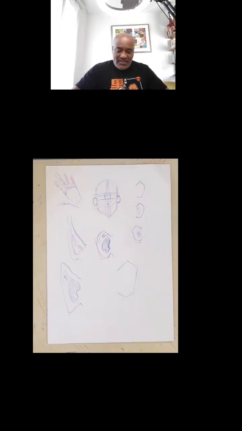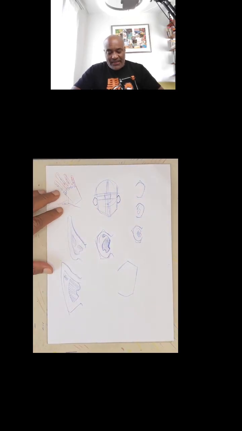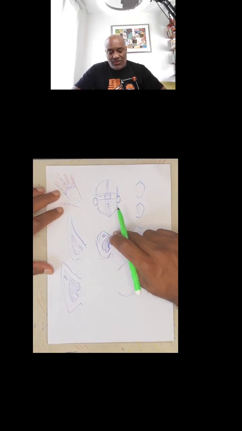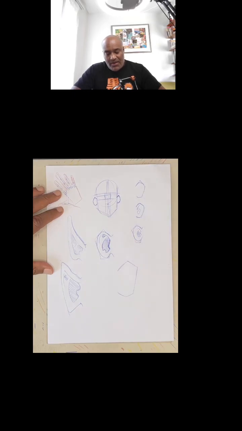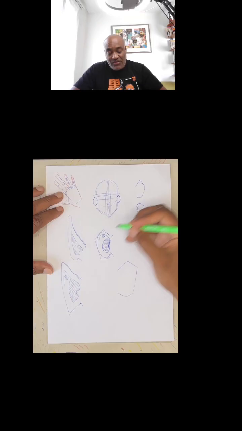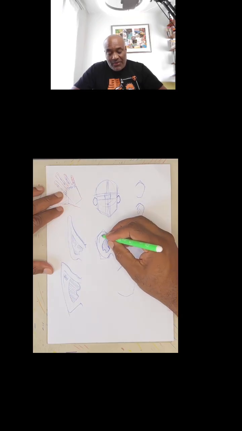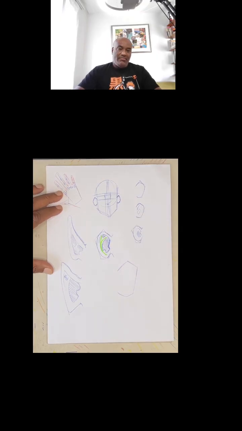So how do I break down the inner ear? What I remember, or try to remind myself of, is the fact that we have what looks like a Y here. See that?